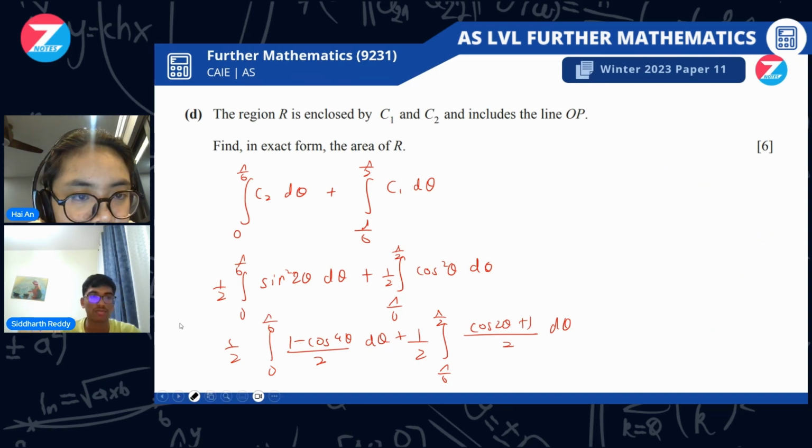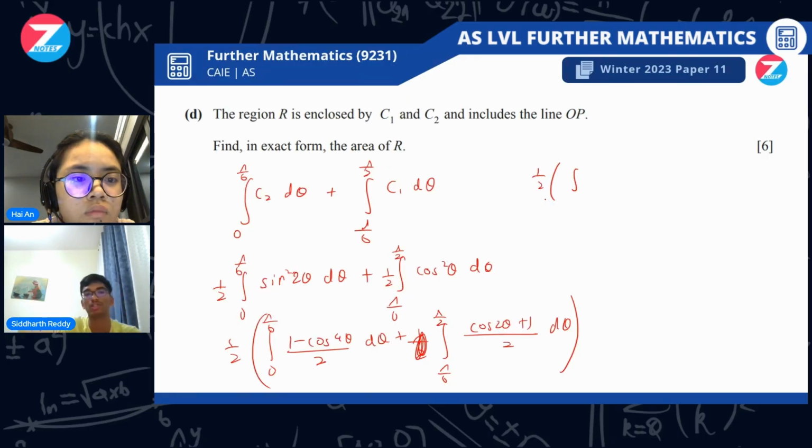Okay, I'm going to factor out this 1 by 2. So keep that 1 by 2. So 1 by 2 into, I'm not going to add the integration limits right now, so that's 1 by 2 minus cos 4 theta by 2 d theta plus integral of cos 2 theta by 2 plus 1 by 2 d theta.